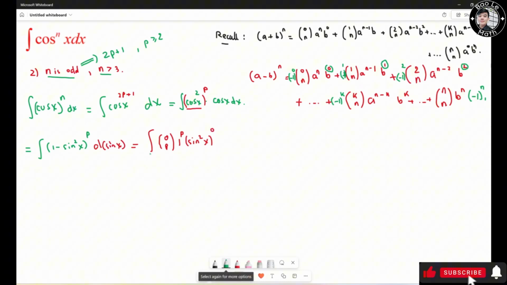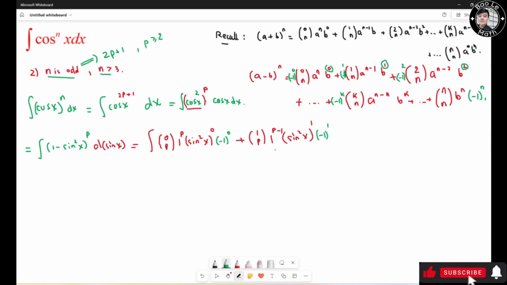And don't forget to multiply by negative 1 raised to the power of 0 right here. Alright, next one, I'm going to add the combination of 1, p, 1 raised to the power of p minus 1, sine square of s raised to the power of 1, times negative 1 raised to the power of 1 right here.